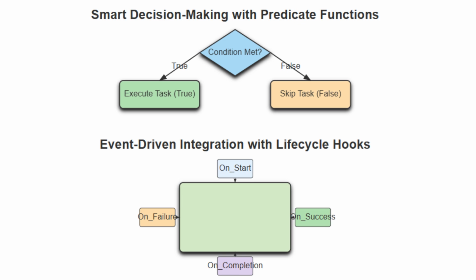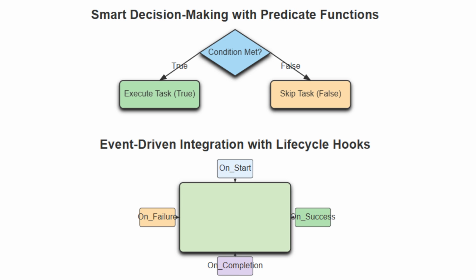These are simple functions that return true or false, determining whether a task should execute. Conditions can check previous task results, current system state, or even external factors like the time of day. This prevents unnecessary work and optimizes resource usage, making your workflows much more efficient.